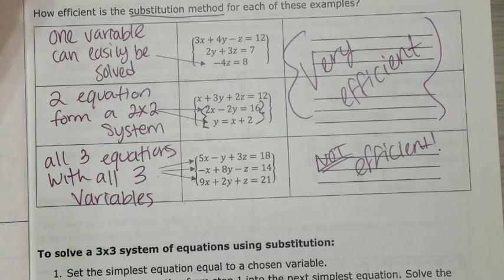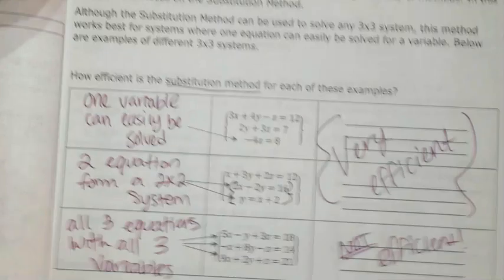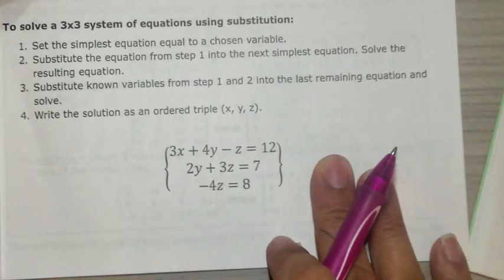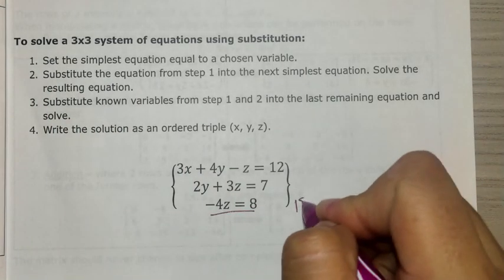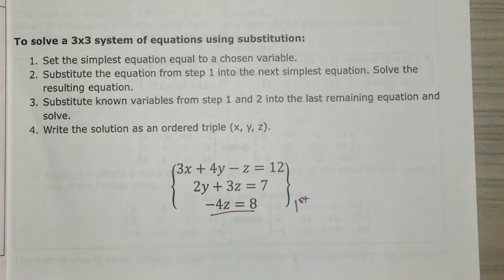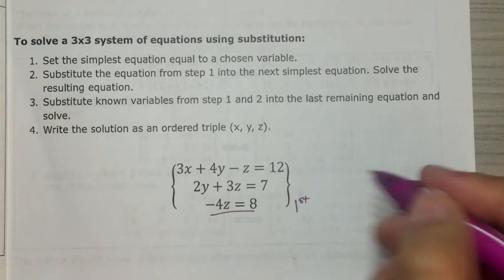Okay, so since we decided that these are very efficient, you want to learn in what order to solve. So here's an example. You want to solve the simplest equation first. So that's your first equation to solve for because that's the simplest. This will result in giving you the answer for z.